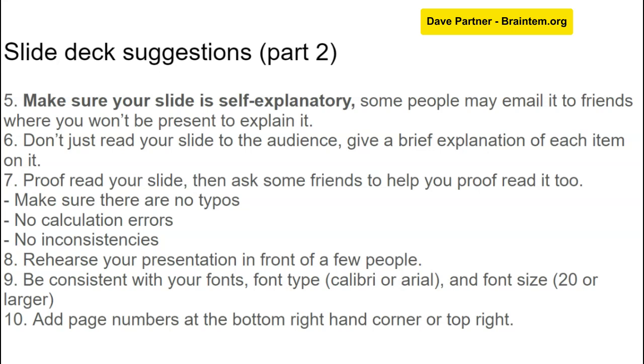Now don't just read your slide to the audience. Give a brief explanation of each item. If it's about reading it, your audience can read it. Probably if you're pitching at an event to a number of investors, sometimes you're pitching to a VC firm, which is a company whose way of making money is to invest in other companies. If you're pitching to such a VC firm, you will not be talking to one person.